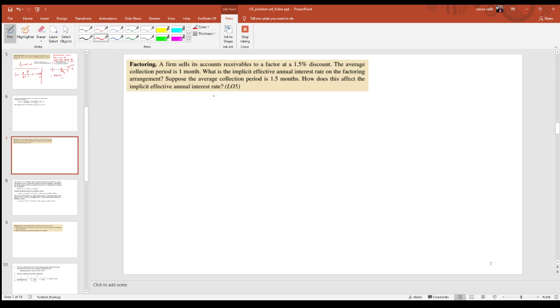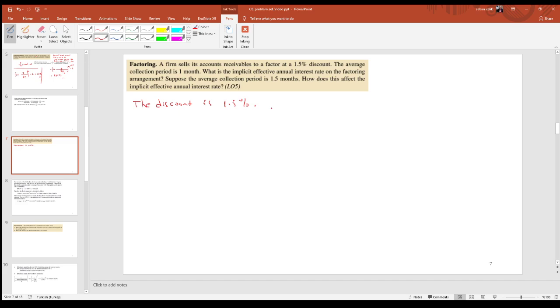So let's start to solve. The discount is 1.5%. But the firm collects 1 month earlier than it would otherwise. Okay.